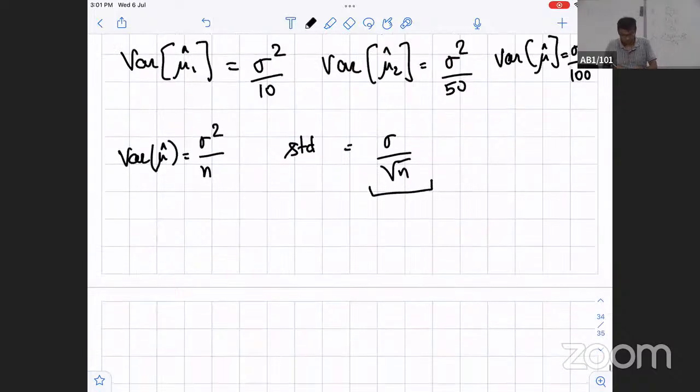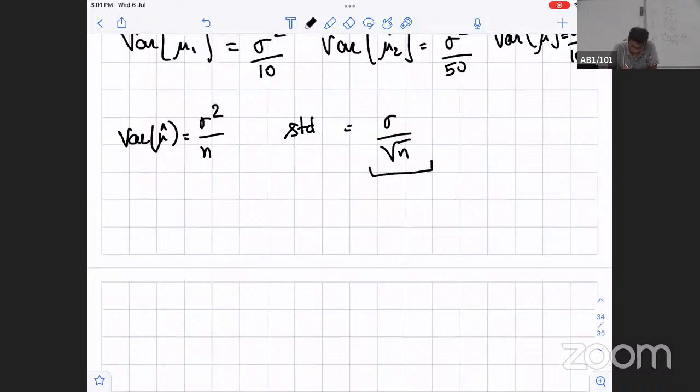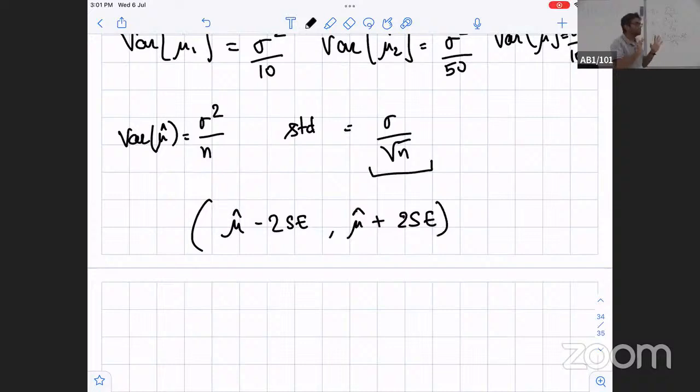You look at mu hat minus 2 standard errors, comma, mu hat plus 2 standard errors. With high probability, you can say that your true parameter lies between these. Your actual mu belongs to this interval with high probability.